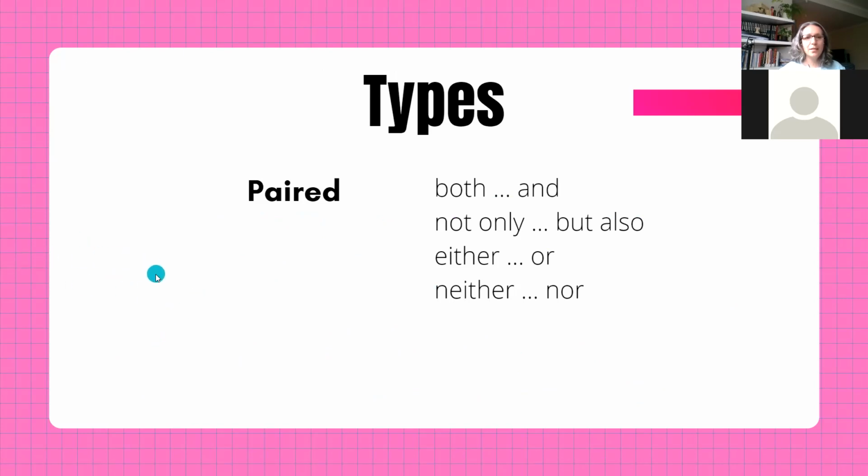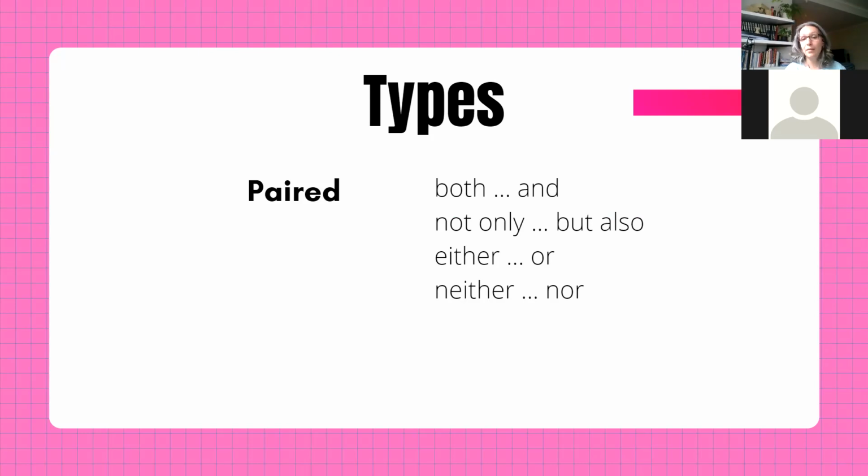The second type of conjunctions are paired conjunctions. I like both bananas and apples. So both and work together as one. Not only do I like bananas, but I also like apples. The next one is either or.